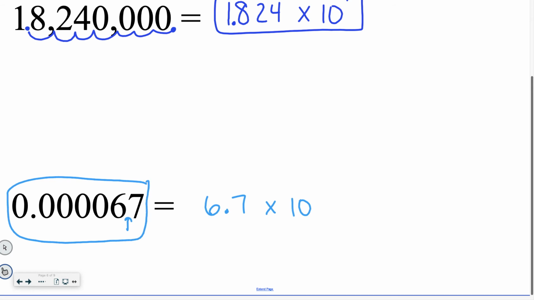Okay, so that number that I'm starting with is already a decimal. So 0.000067, I have to move that decimal 1, 2, 3, 4, 5 units. And since it's the decimal number, I know it's going to be a negative 5.